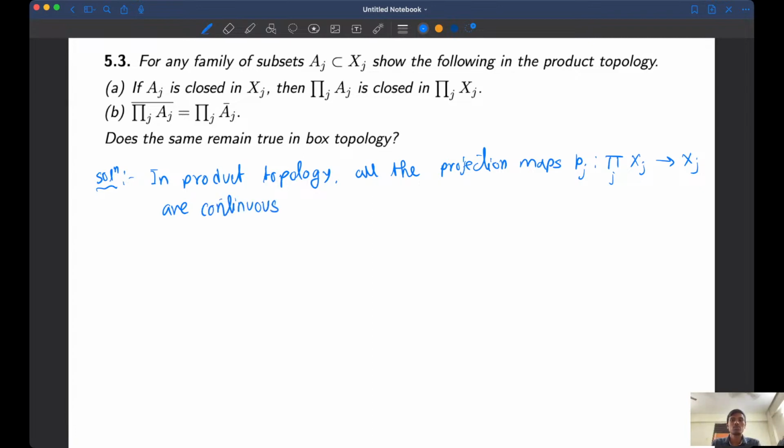If it is continuous, and given that each A_j is closed, can you write this product of A_j as an intersection of inverse images under p_j of some closed sets? That is the basic hint, because continuous means the inverse image of any closed set is closed, and of an open set is open. From there, can you see something?